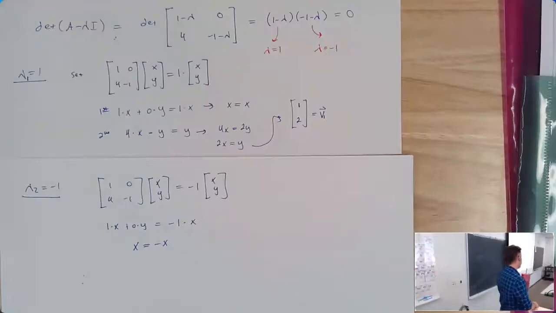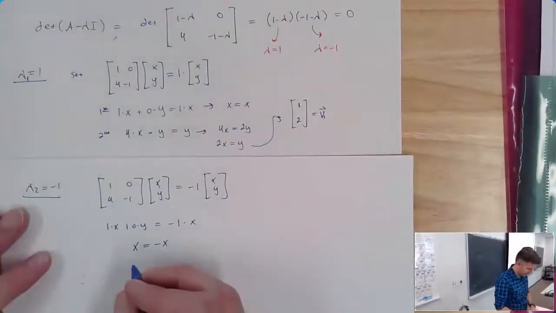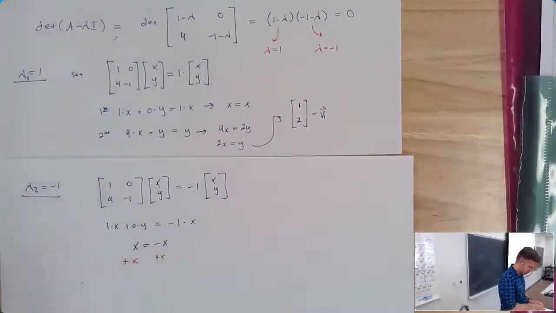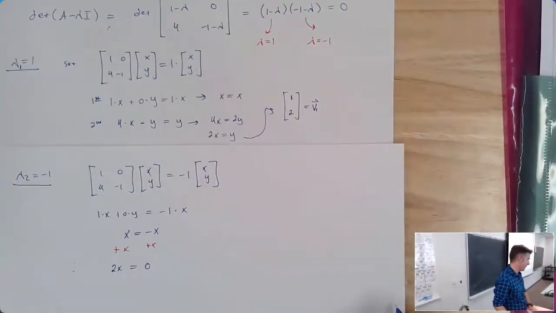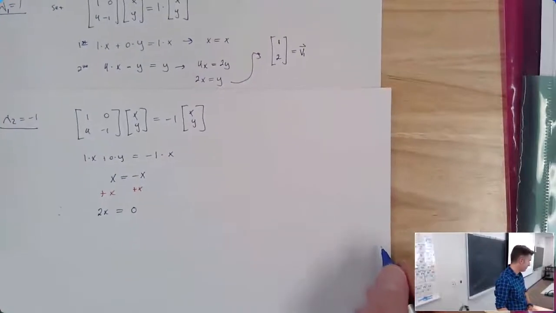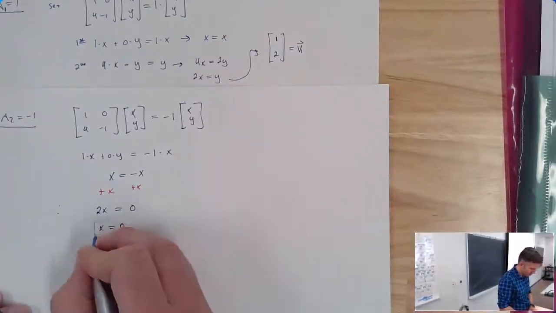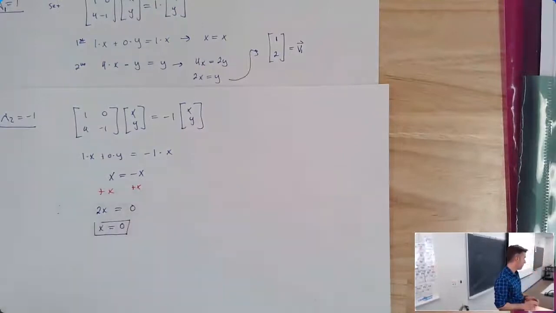You don't have to solve it this way, although I like solving it this way because it brings out something, but you could just add x to both sides. If I add x to both sides, then I've got 2x on the left and 0 on the right. And now, what does x have to be? Right, x has to be 0.